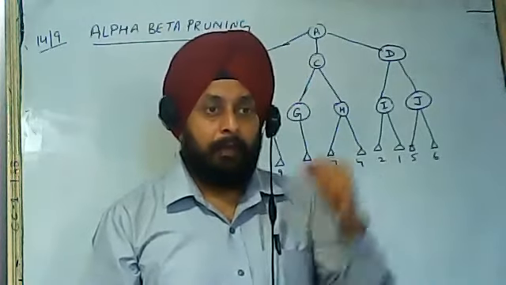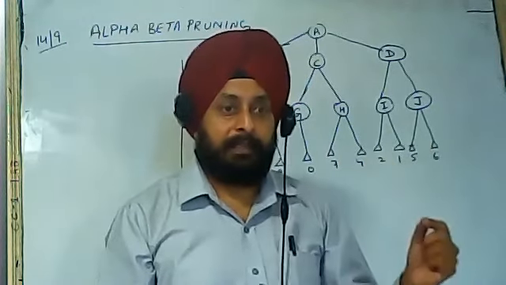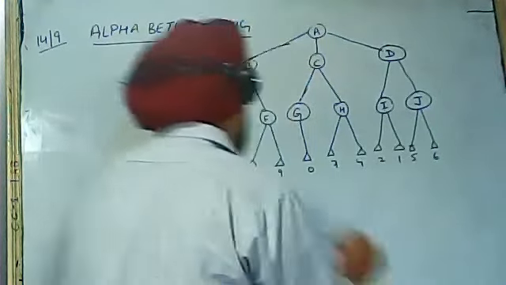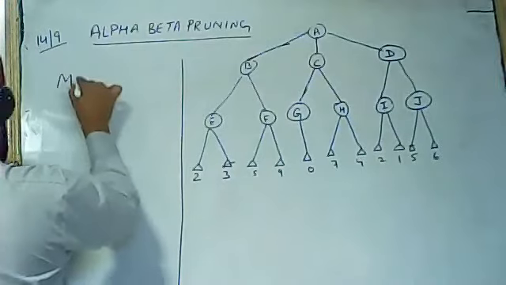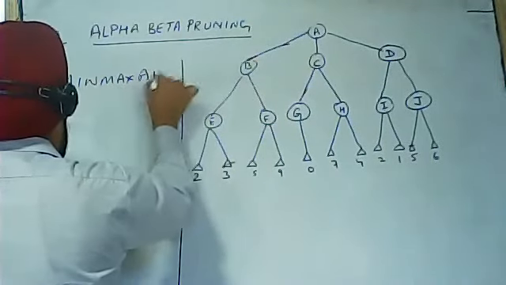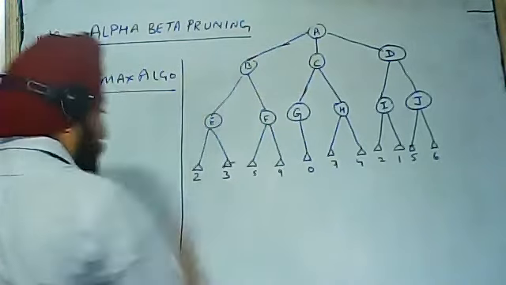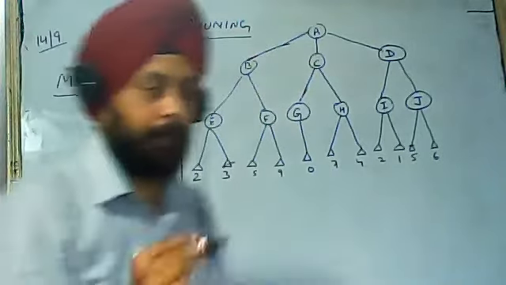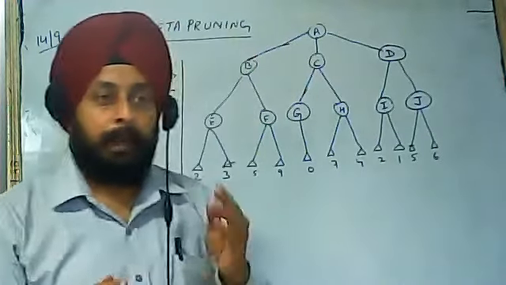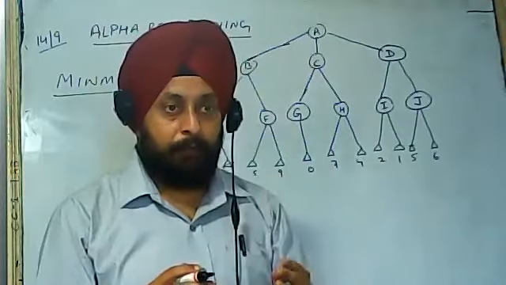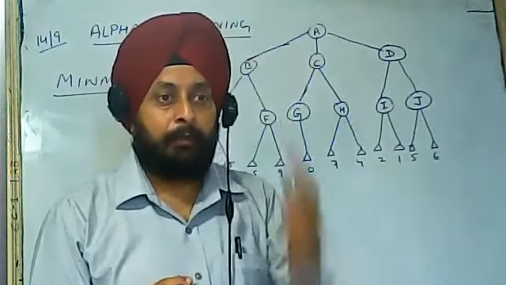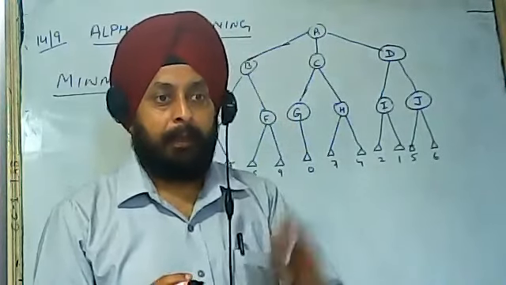We have done the min max algorithm in our previous lecture. So what happened in the min max algorithm? It is a game playing algorithm, and this algorithm is suitable for two players, max and min.